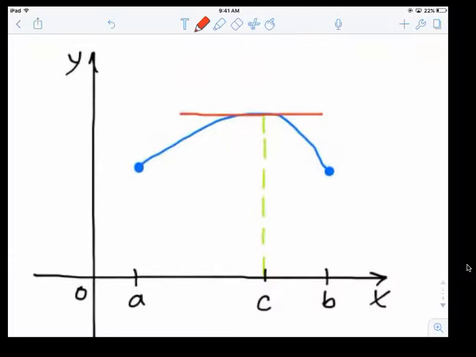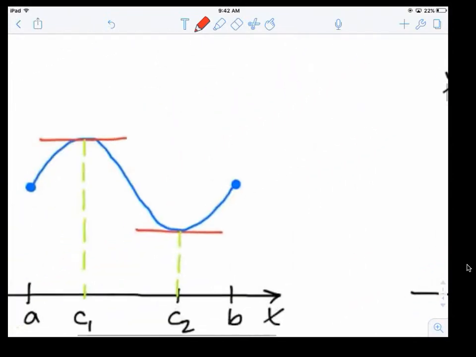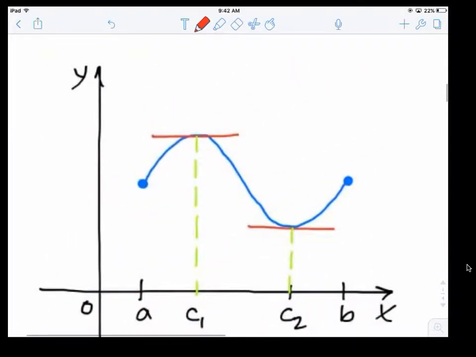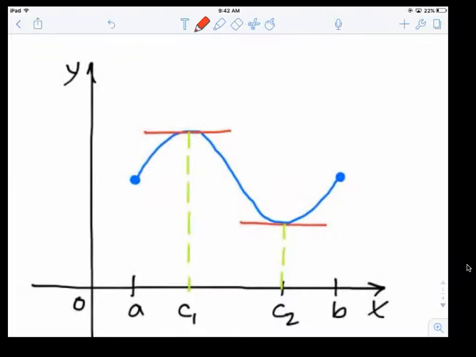So you're going to be asked to figure out what exactly is that value. That one has 2, so you can have more than one case where it happens. If the endpoints are the same, there's got to be somewhere in between the two where it levels off like that and changes direction.